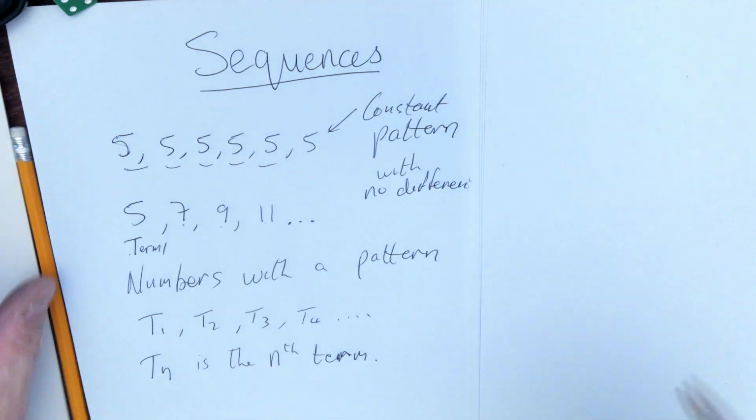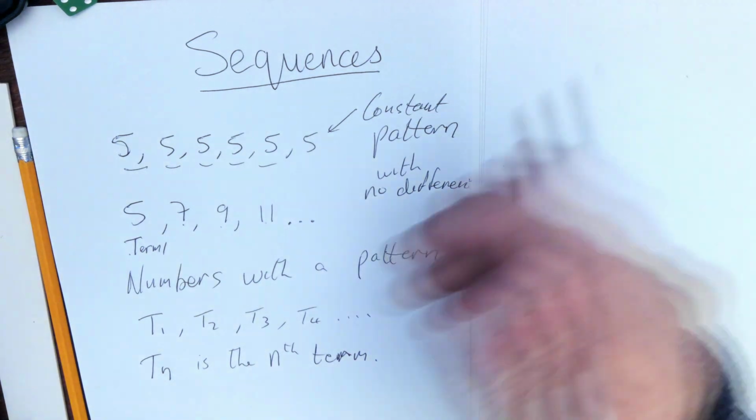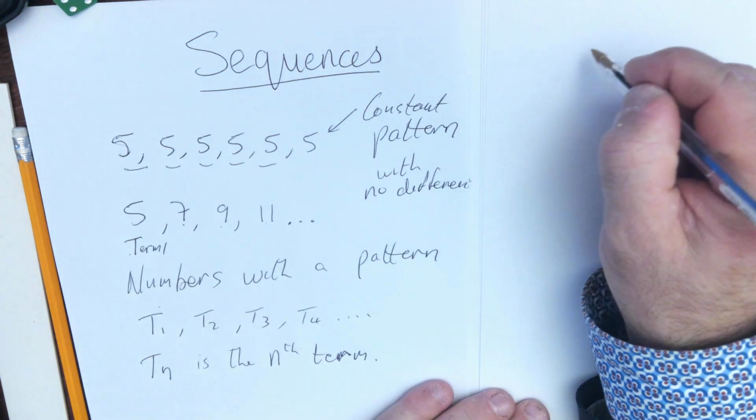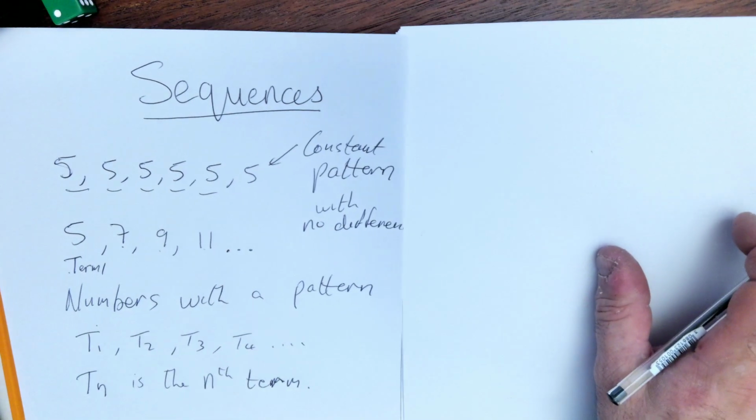Okay, let's drive on with this then. If n is 1, we'll ignore the formula for a second and just get back to our example sequence first.